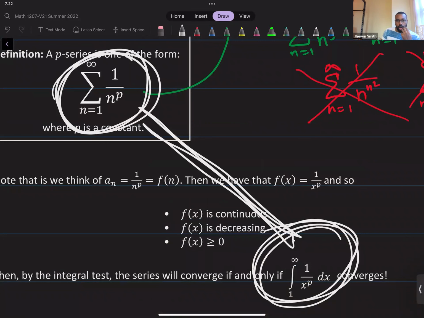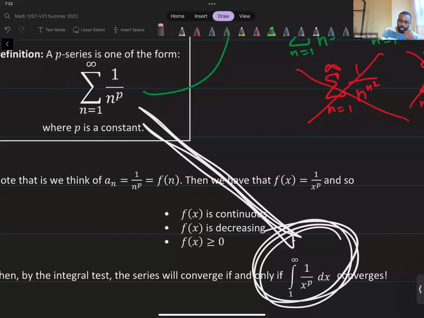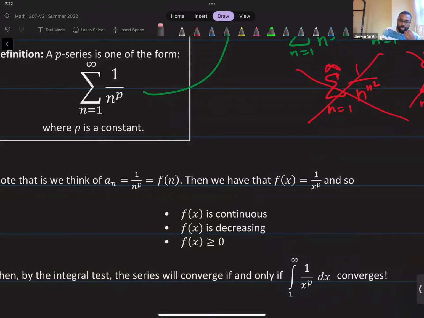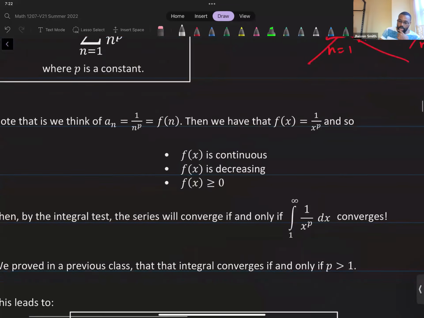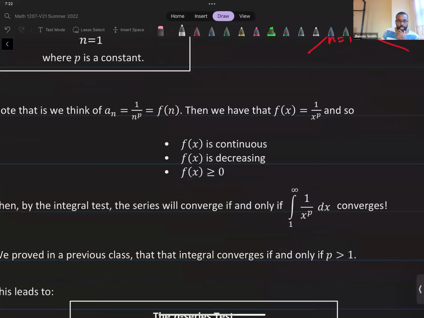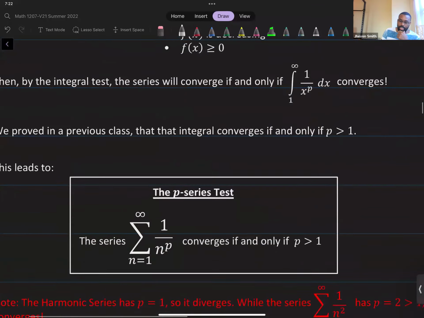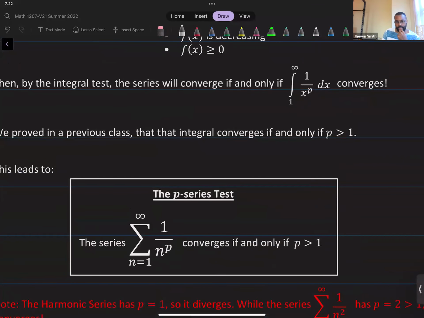So this improper integral corresponds to the p series, and that improper integral is actually a very famous improper integral. It's one that we have a theorem for, and we actually know exactly when that converges. We know that that converges if and only if p is greater than 1. So that leads us to what we call the p series test.